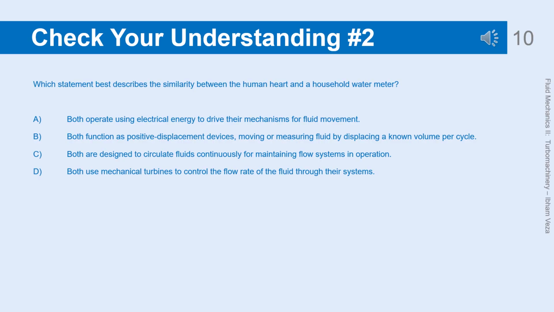Option C. While the heart circulates blood continuously for life support, a water meter does not circulate fluids but measures the volume of water passing through. Option D. The heart does not use a turbine mechanism, and only specific types of water meters might involve turbine-like components. Positive displacement is the key concept here.